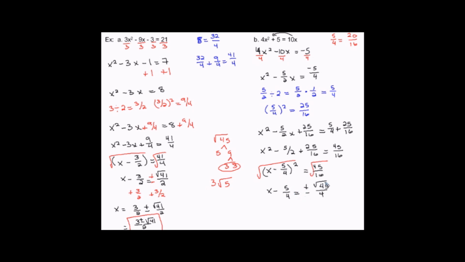So x minus 5/4 is actually going to be equal to plus or minus 3 times the square root of 5 over 4. These fourths will add up together. So when I add 5/4 to both sides, I can go ahead and write x is equal to 5 plus or minus 3 times the square root of 5 over 4.